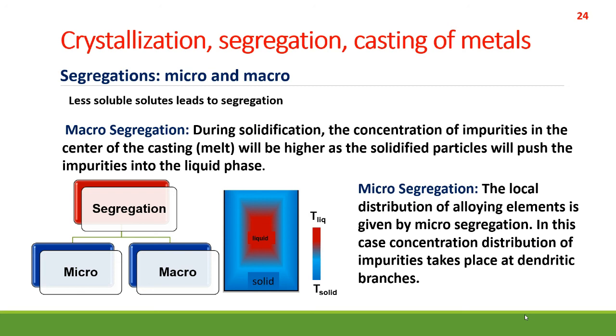Near the surface of the mold is where the solidification is initiated, and from this part the impurities will be pushed towards the center, towards the liquid, and hence due to macro segregation the liquid at the center is always highly or overly alloyed. This is the process of macro segregation.